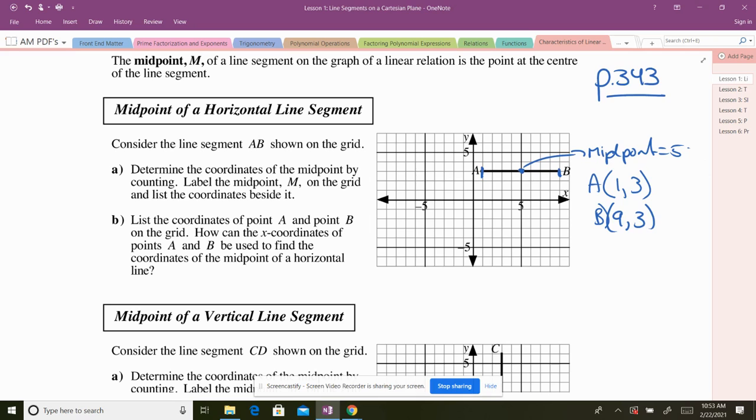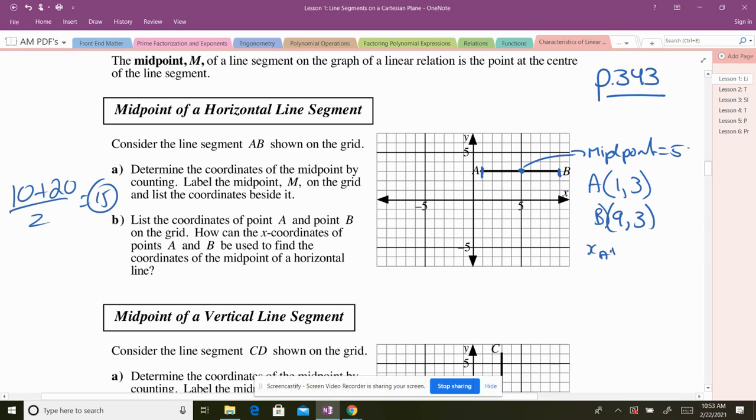If I want to average 10 and 20, I add them together and divide by 2. 10 plus 20 is 30, divided by 2 is 15. 15 is the average of 10 and 20, right? If it was 3 things, you would divide by 3. If it was 4 things, you divide by 4.